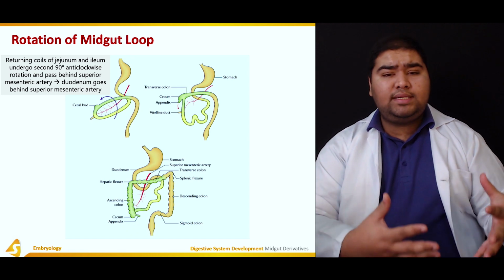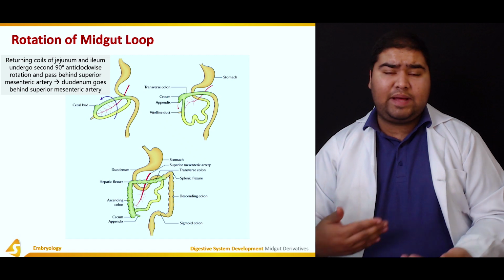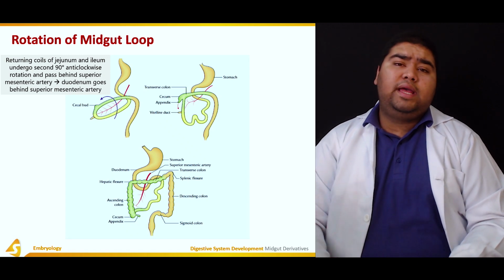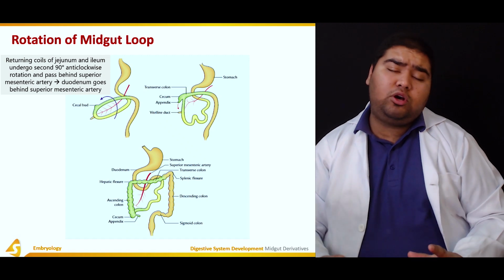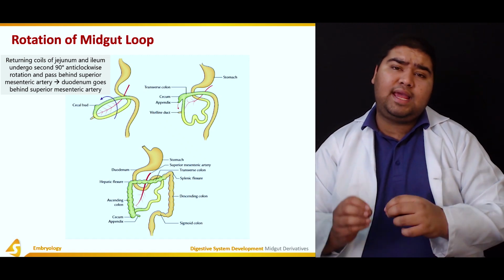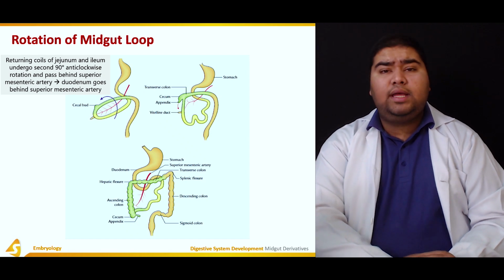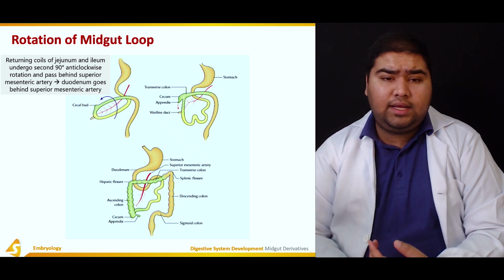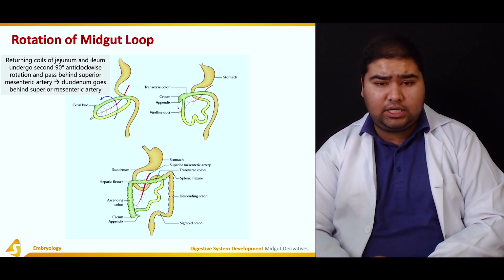Now, because there was rapid expansion of this intestine, these coils could not be accommodated within the abdominal cavity, so these coils herniated into the umbilical cord, and this was the physiological herniation. Now these coils are returning from the herniation.